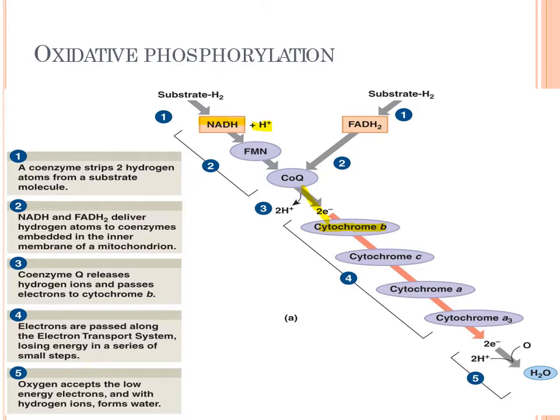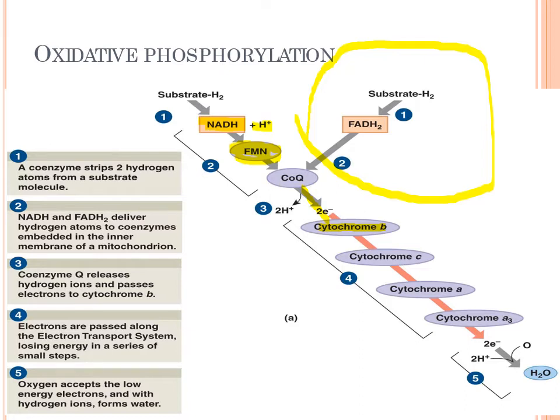I much prefer the next picture, but I'm going to try to work you through this picture first. NAD enters at the first cytochrome, this FMN here. It gives its electron to the cytochrome, and it releases its hydrogen into the mitochondria matrix.